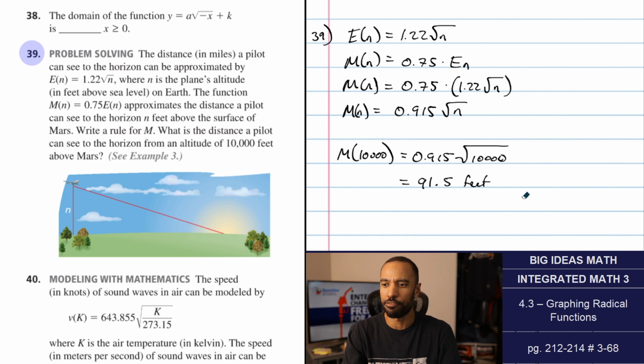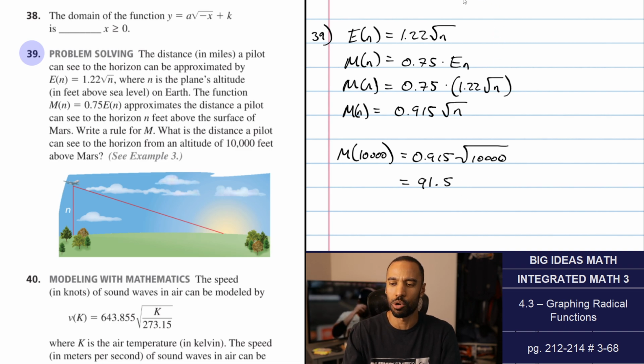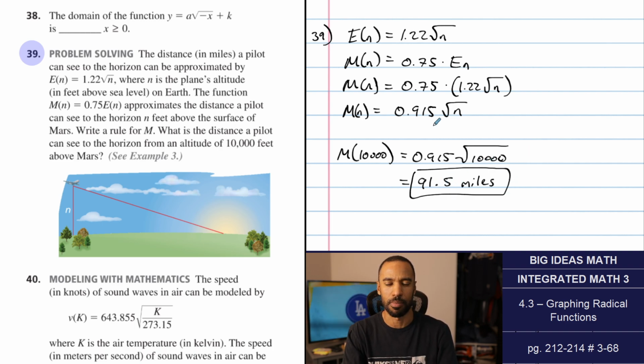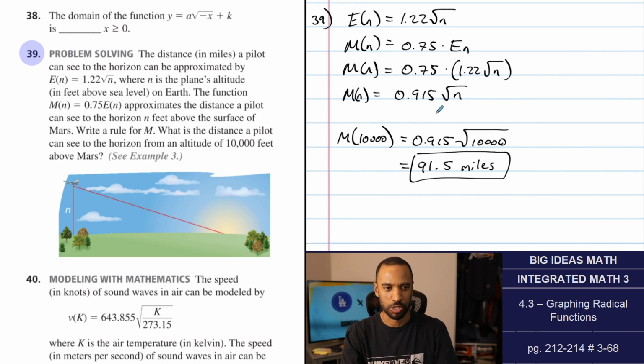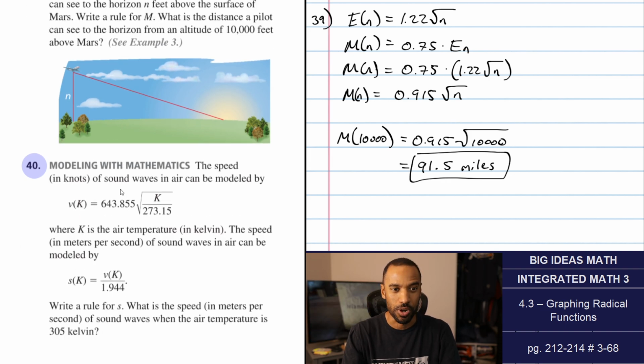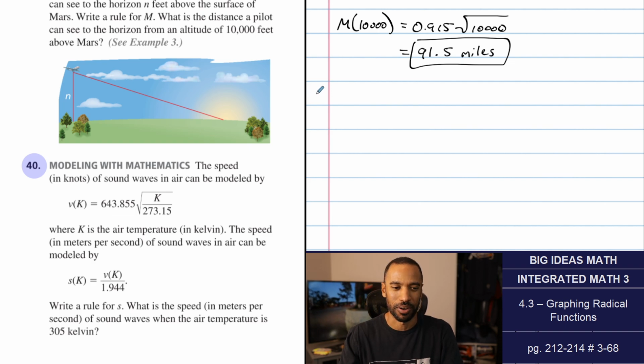I'm like, why would this be feet? That makes no sense. Okay, that makes so much more sense. I was like, I don't understand the question suddenly. That's miles. Okay, 10,000 is in feet. That's in miles. I got it. I feel much better about the problem. I was going to say, if I'm 10,000 feet in the air and the farthest I can see is 91.5 feet out, something is really wrong. 91.5 miles. Much better. Okay. Great. Number 40.